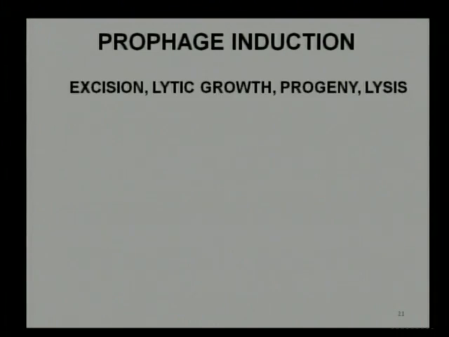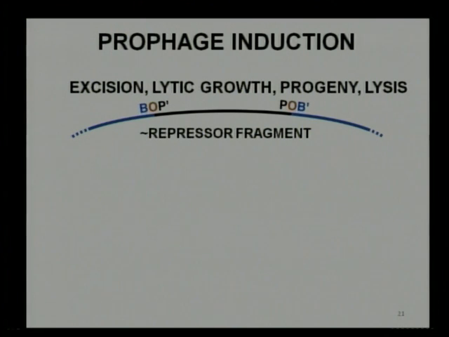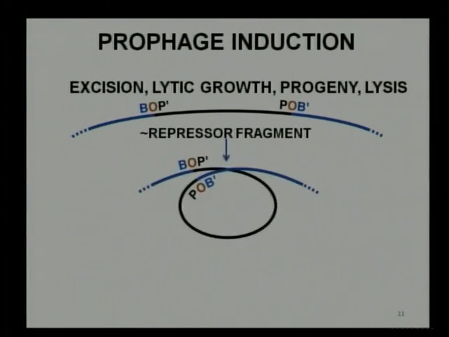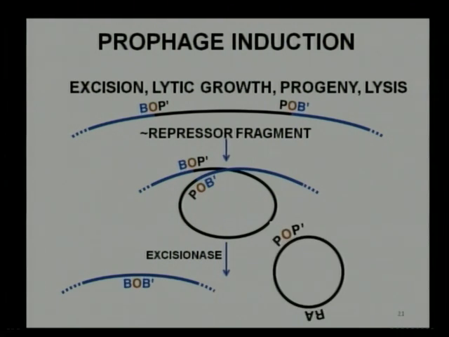So overall: excision, lytic growth, progeny formation, and ultimately lysis. As you can see on the screen, this is shown in terms of genetic evidence. First we observe the repressor fragment of the prophage, then it is exposed to UV light. Once exposed, circularization of that genome takes place, and the enzyme excisionase cuts it from the host genome, which gets separated.